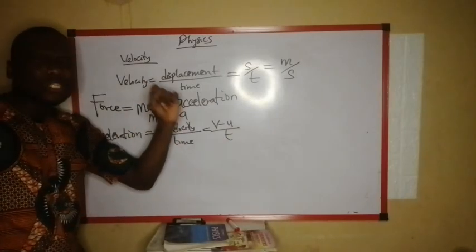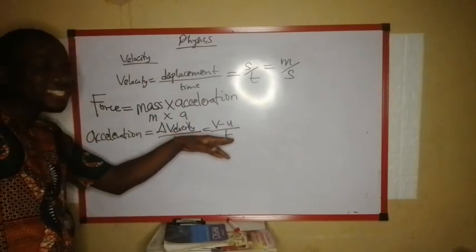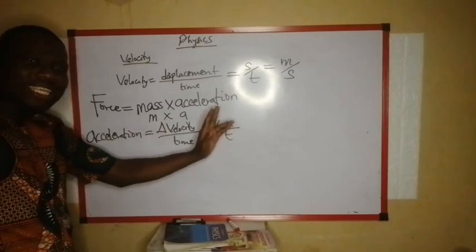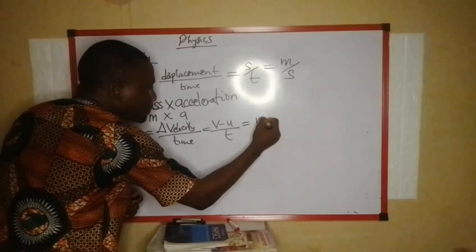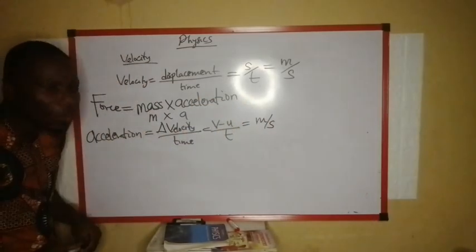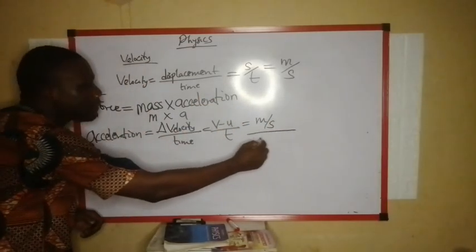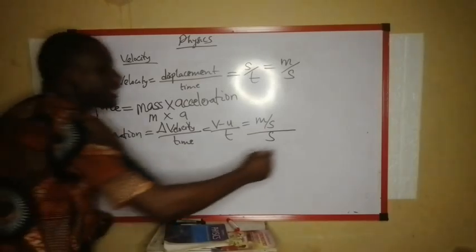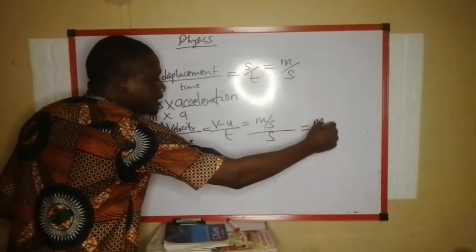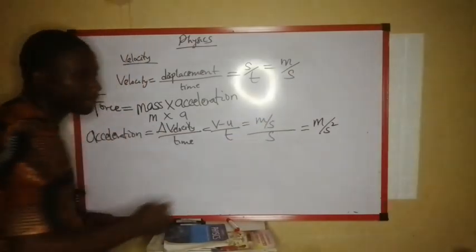So we already know that velocity is meters per second. But now we are also dividing it by another time, which is seconds. So the unit of acceleration is meters per second squared.